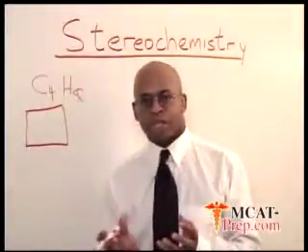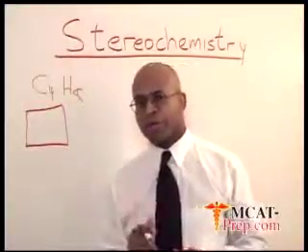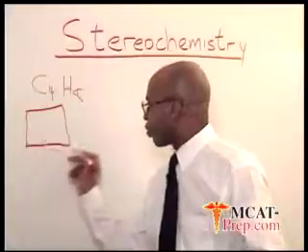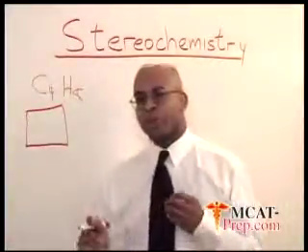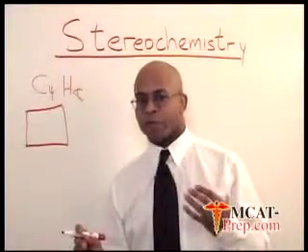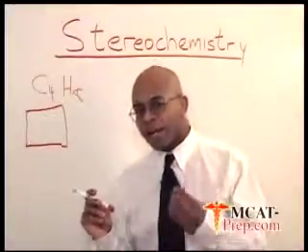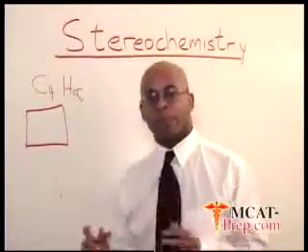Carbon has 4 valence shell electrons available for bonding, and therefore it can bond 4 times. So to begin with, we have 1, 2, 3, 4 carbons. Then we have to put in our mind that because carbon is bonded 4 times, we have to add in our minds a hydrogen to make it such that each carbon is bonded 4 times.